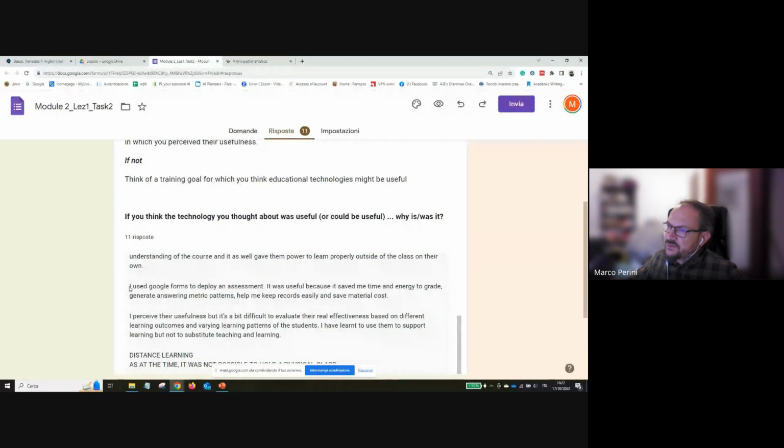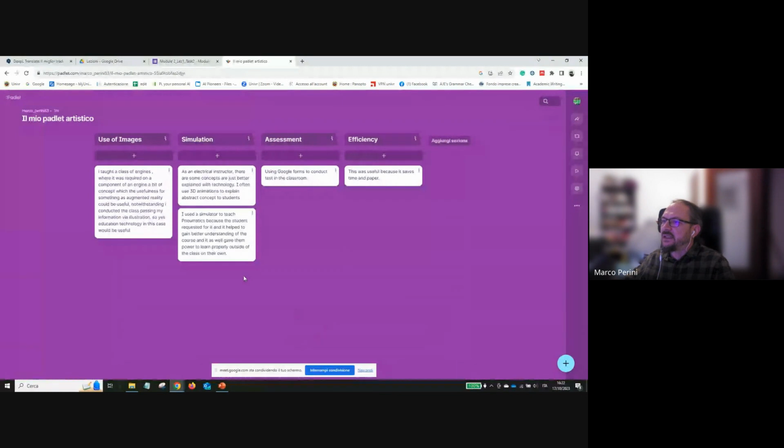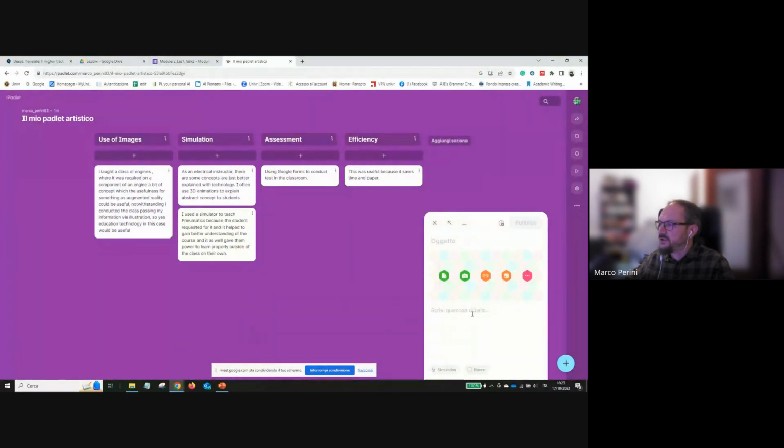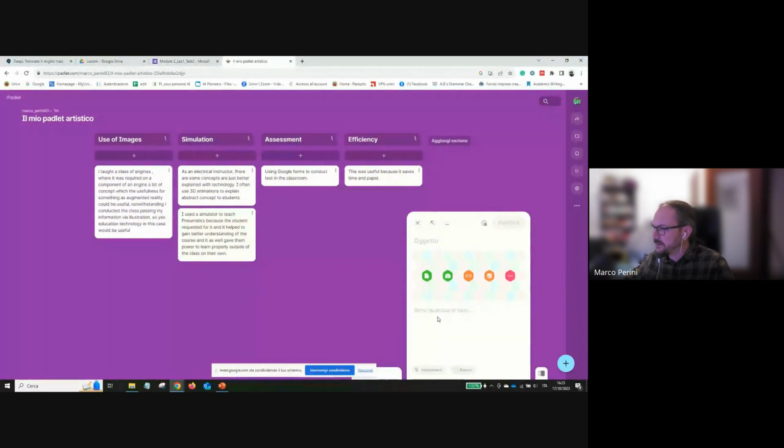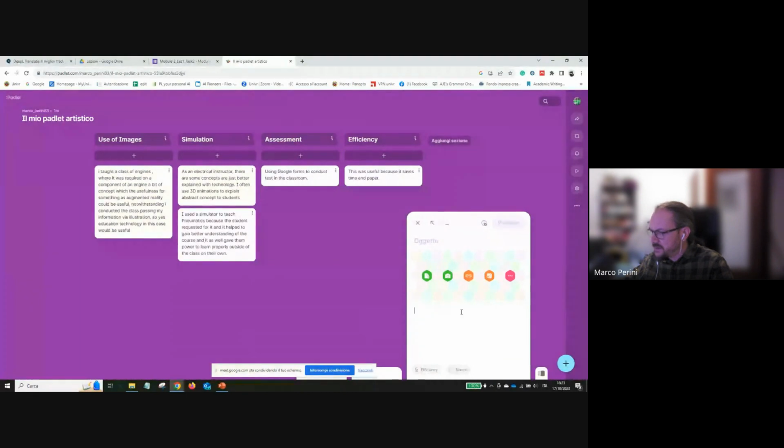Another point: I used Google Forms to deploy an assessment, really good, and the answer metric panel helped me keep records easily and save material cost. Amazing. No, sorry, not simulation. It was assessment. And also for efficiency, I put it in this.